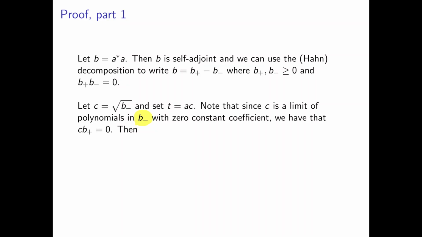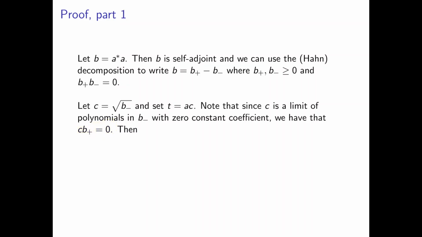And that is just the limit of polynomials. So by definition, every element in that C-star algebra has to be a limit of polynomials in B minus. So that's why C is a limit of polynomials in B minus with 0 constant coefficients as well. And therefore we have that C times B plus is equal to 0.